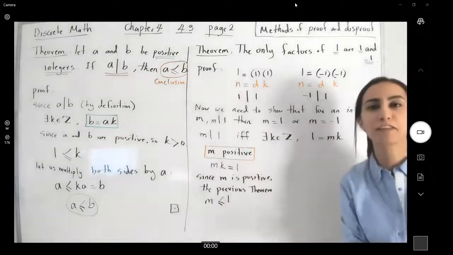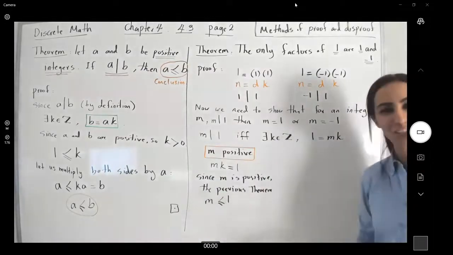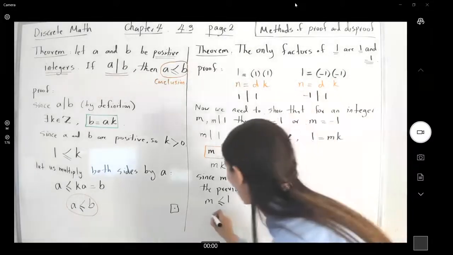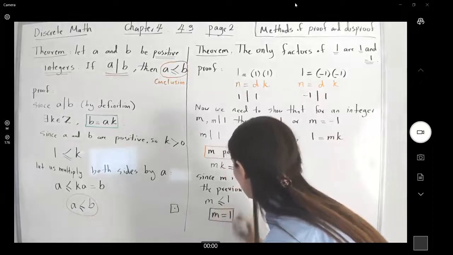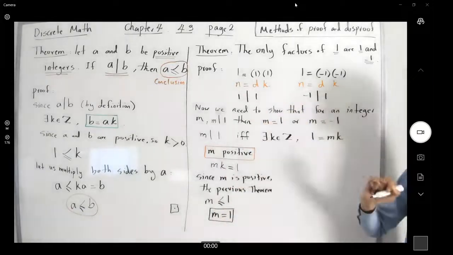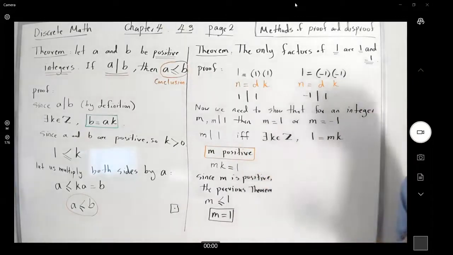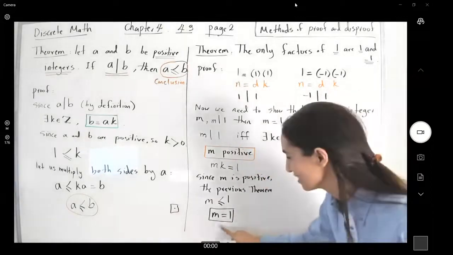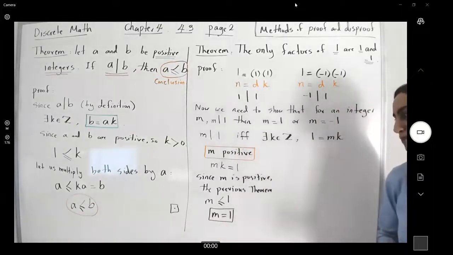You have a positive integer which is less than or equal to 1. What is that integer? That integer is nothing but 1. So m is 1. So if we have an integer like m that divides 1, and if it's positive, it's nothing but 1.